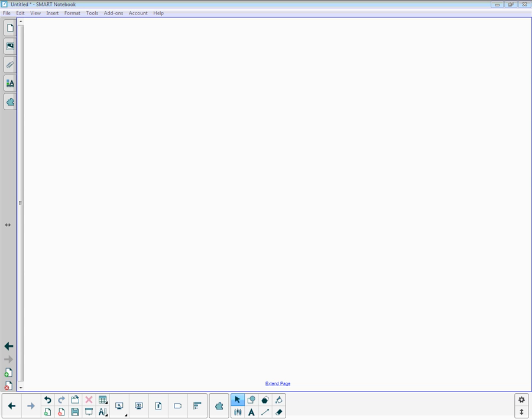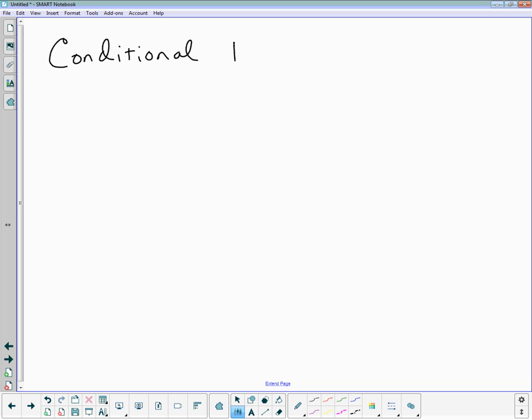Okay, so today we are talking about conditionality. Conditional probability is the probability of something happening after something else has happened.